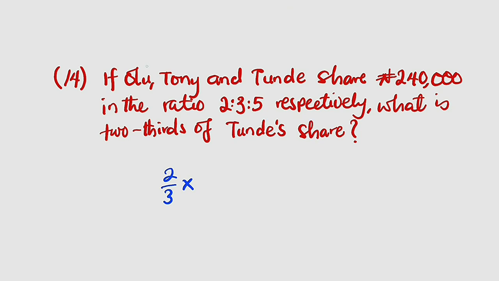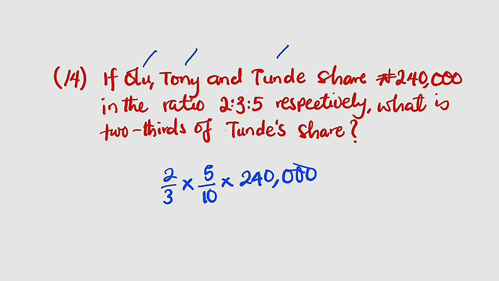Remember, they are written accordingly: Olu, Tony, and Tunde. So this will represent Olu, this will represent Tony, and this will represent Tunde. So we are talking about Tunde, which is 5, divided by the sum. If you add this ratio together, 2 plus 3 is 5, plus 5 is 10. Then you multiply by the total amount, which is what?